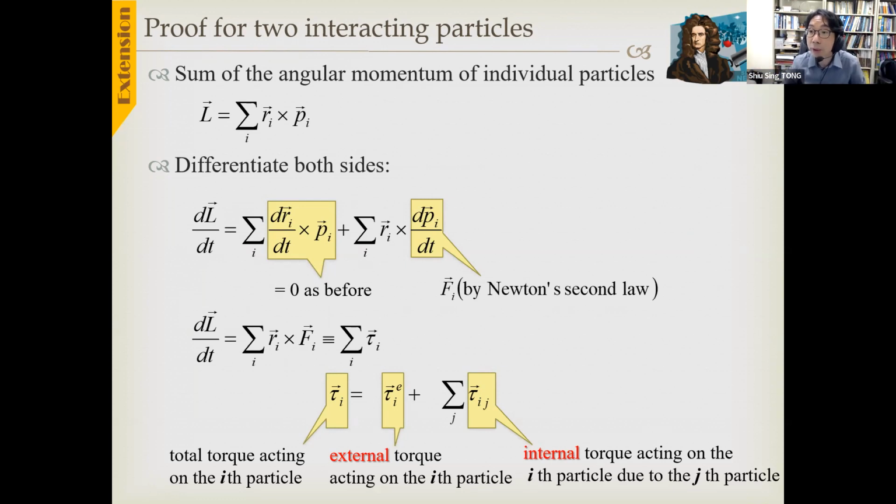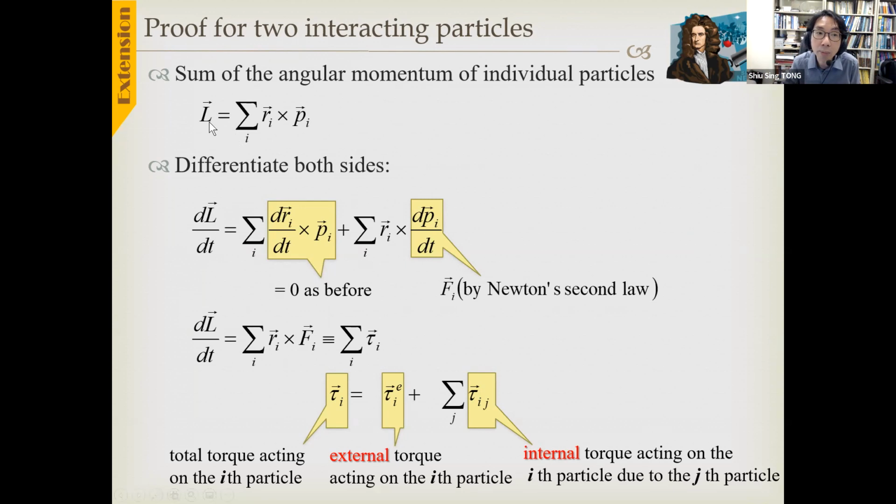So that's a very general setting. We relax the condition of a rigid body. The body can be non-rigid, and it can even consist of gas molecules moving randomly in all directions. That is the most general setting for Newton's second law for rotation.